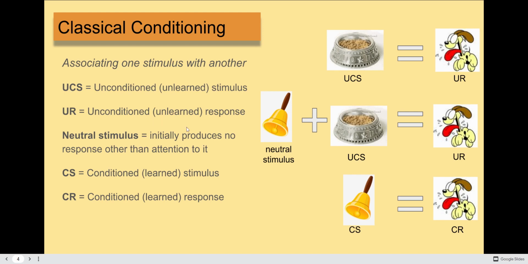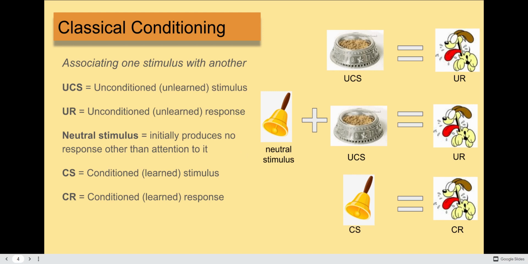Okay, so what Pavlov did is he took a neutral stimulus, which was a bell. Normally, yes, a dog might pay attention to a bell, but that's about it. Pavlov rang the bell, presented the food, and of course, because the food was presented, the dog salivated. But after a while, the bell was no longer a neutral stimulus. The dog anticipated or associated that bell with the presentation of food, and just ringing the bell alone produced a response of salivation.